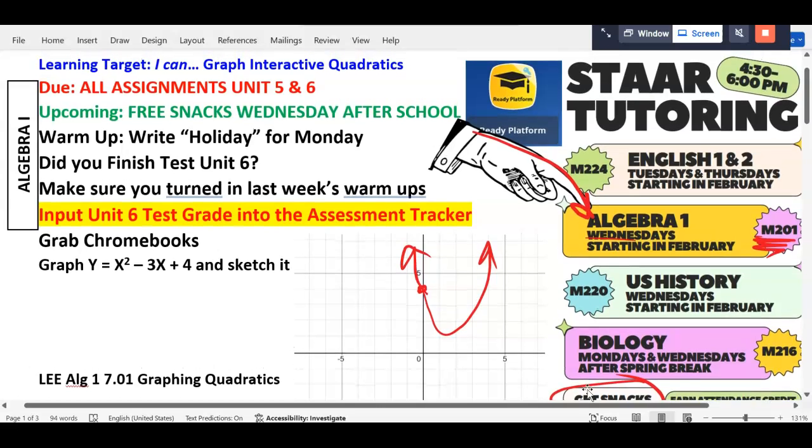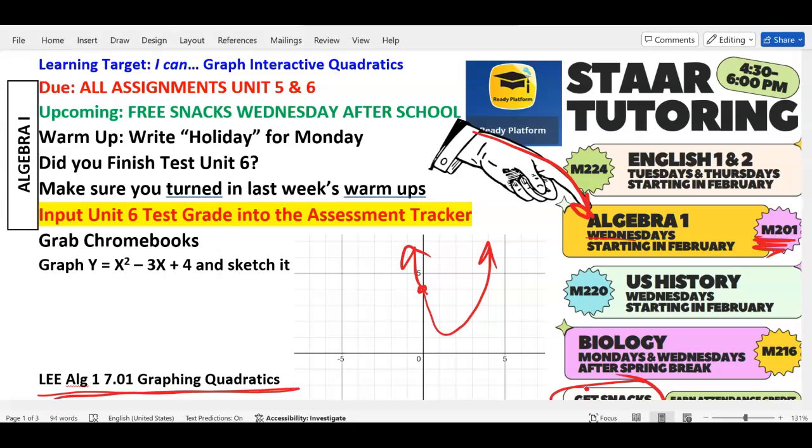It looks like this right here. That's the assignment in Aware. It says Lee Alg 1 7.01 Graphing Quadratics.